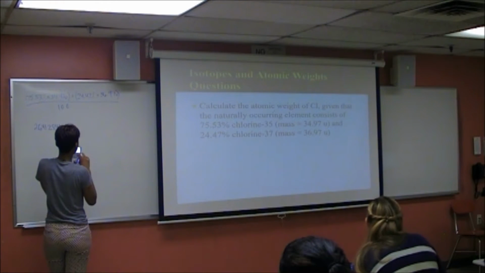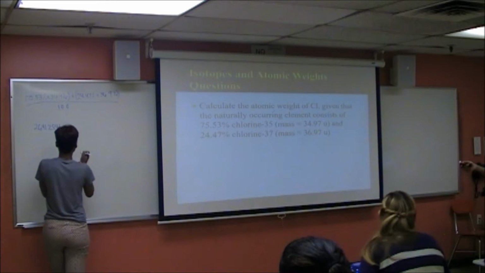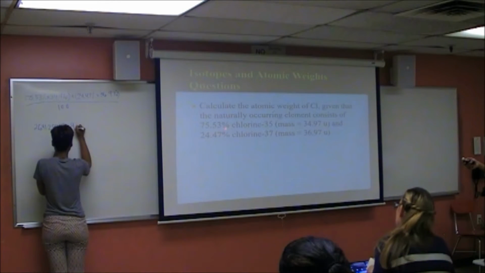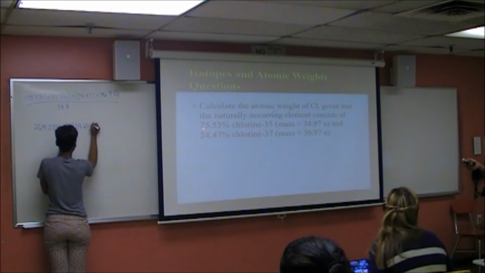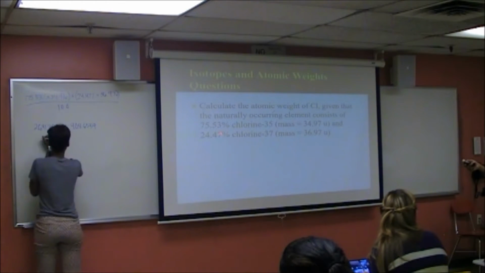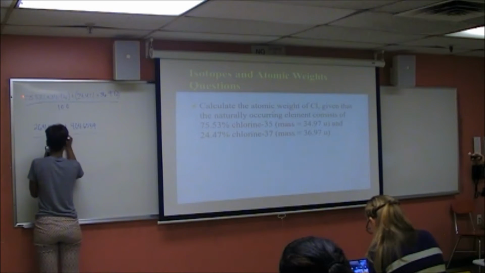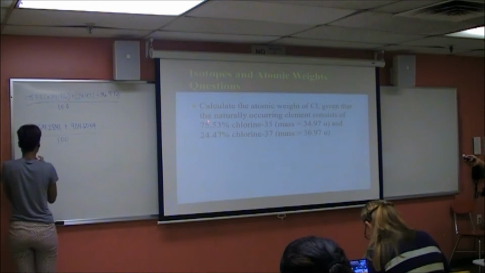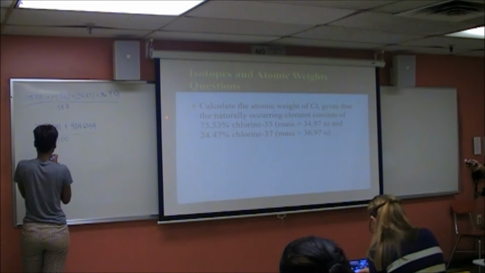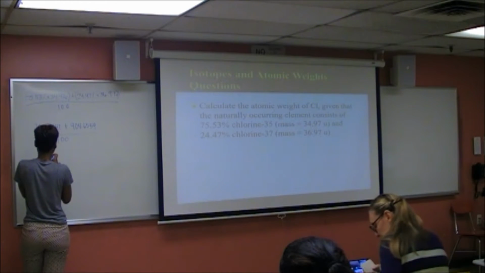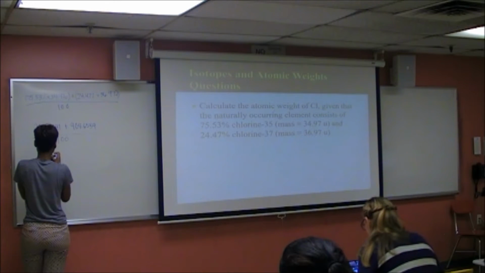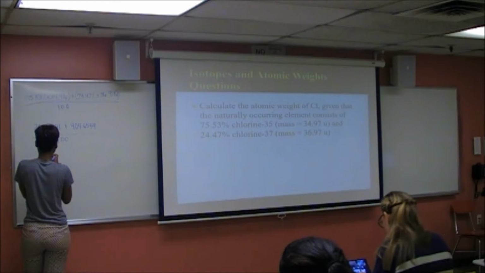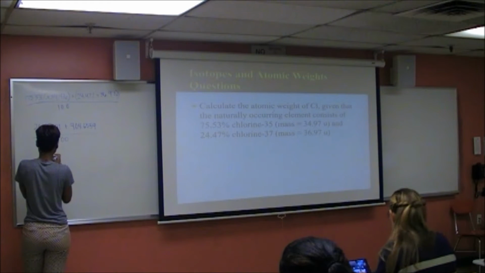So what is this in actual percent, like the whole number? 0.7553. We're working with the whole percent number, so in order to get rid of that at the end, you divide it by 100. You can do it in the beginning, that's fine. My calculator has a percent key.